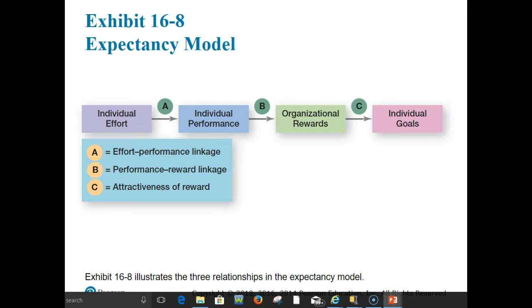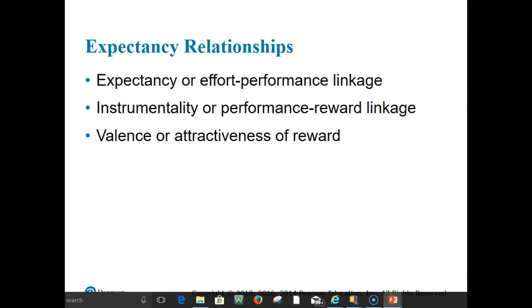You have individual effort to individual performance, you have the performance-to-reward linkage, and then you have the attractiveness of the reward. So the expectancy, or effort-performance linkage, is the probability perceived by the individual that exerting a given amount of effort will lead to a certain level of performance.